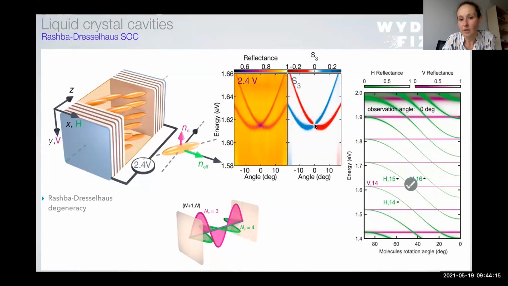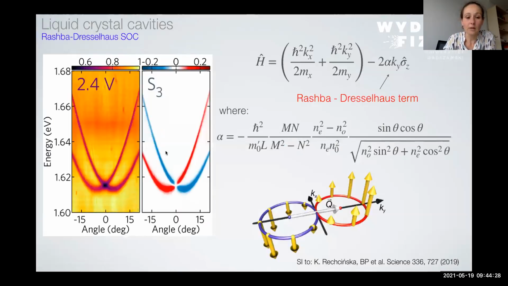And there is here the exact crossing of the two modes at the resonance for k equal to 0. For this regime, we could describe it perfectly well with this Rashba-Dresselhaus term known from semiconductor structures, with equal terms of Rashba and Dresselhaus.